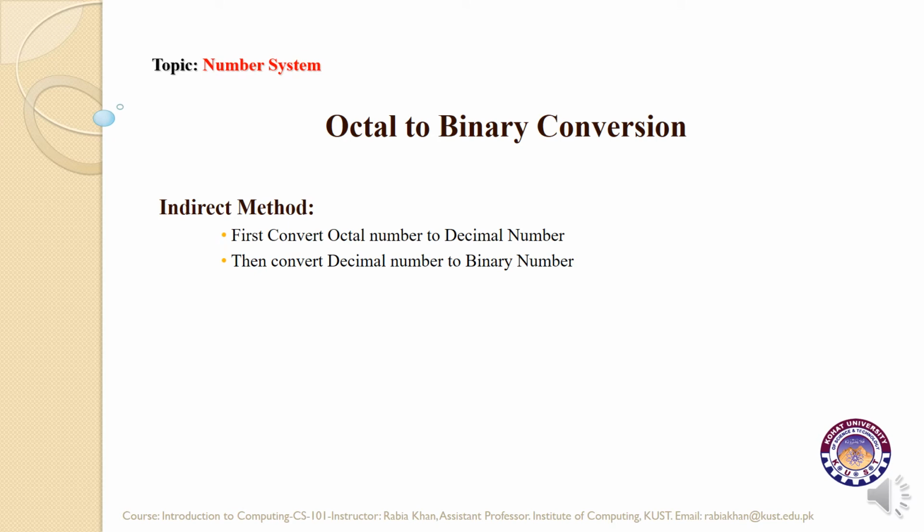Octal number system, as I just said, and we had already discussed it, what is an octal number system and what are its applications in previous lectures. Octal number system consists of total 8 digits that include 0 to 7 digit, collectively making 8 digits.